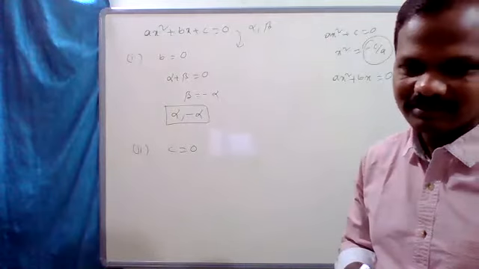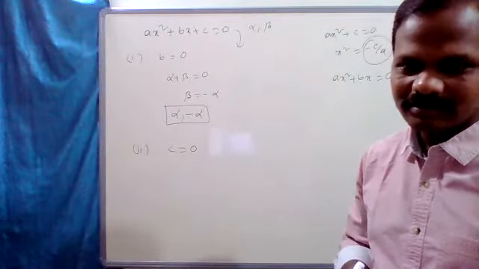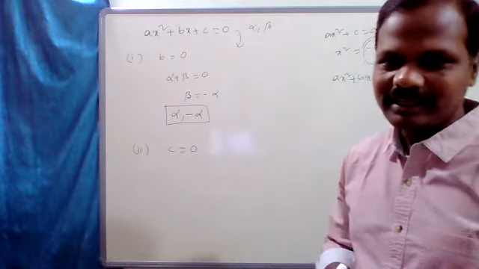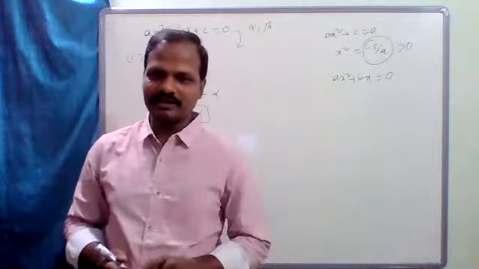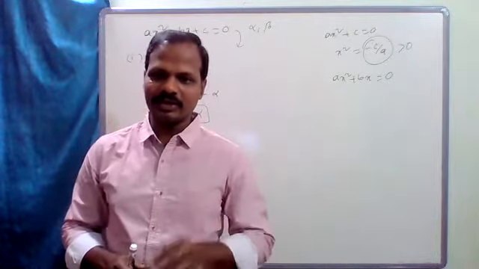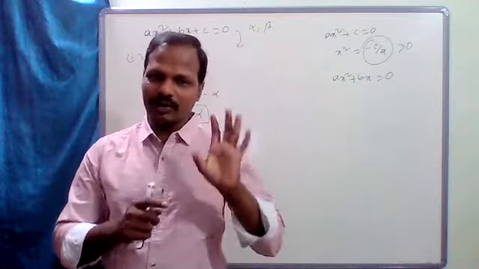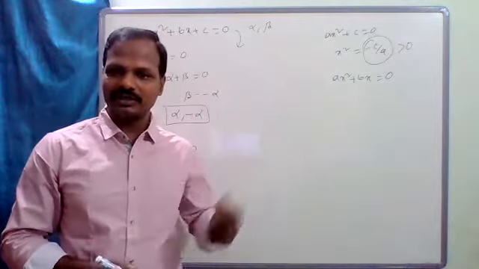Kiran, at least one root 0 means what is the meaning? The quadratic equation has two roots. So at least one root 0 means one root 0, or both roots also 0. But is it possible both roots 0?